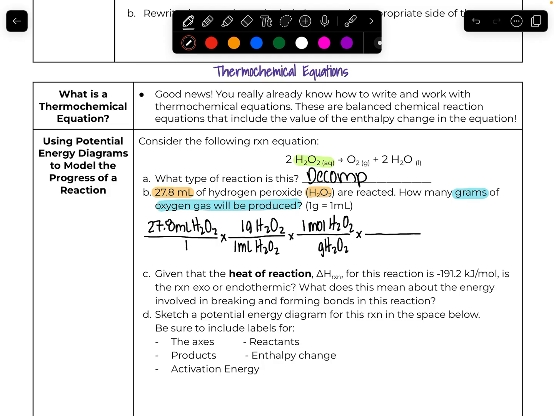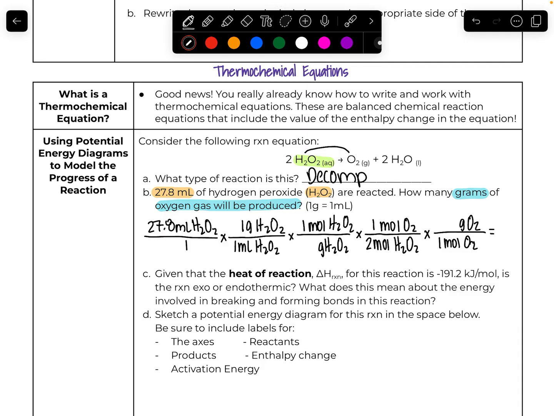So I've got my H2O2 and my O2. Think about the mole ratio, how these things are going to react in a chemical equation. For every 2 moles of hydrogen peroxide I react, I'm going to make 1 mole of oxygen. And my last step, how many grams of oxygen am I going to make? Well, I use my molar mass conversion factor for that. So I'm going to leave my molar mass values out. I'm going to let you fill those in and get your final answer here, but this is how we set it up.